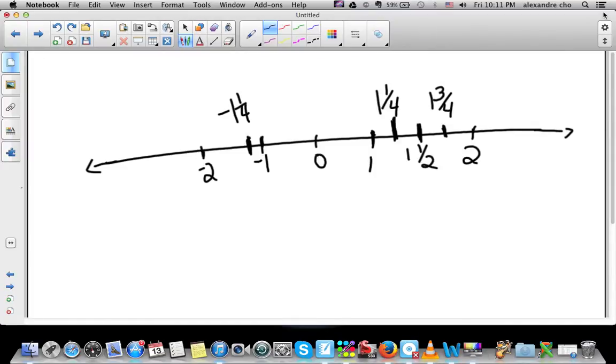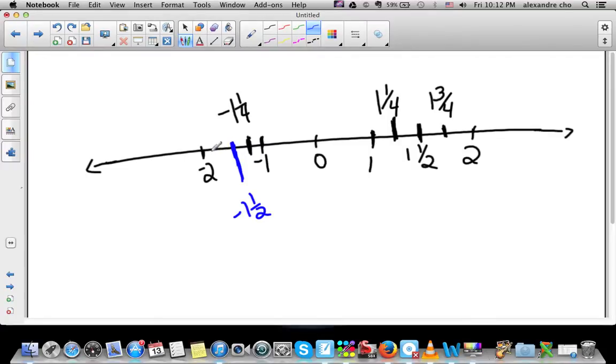And then D, a fraction close to but less than -1.5. So let me change colors. Here is -1.5. So we want something that's close to this blue line here, but less. To be less, remember, since they said less, it has to be on the left side of the blue line, not on the right side.